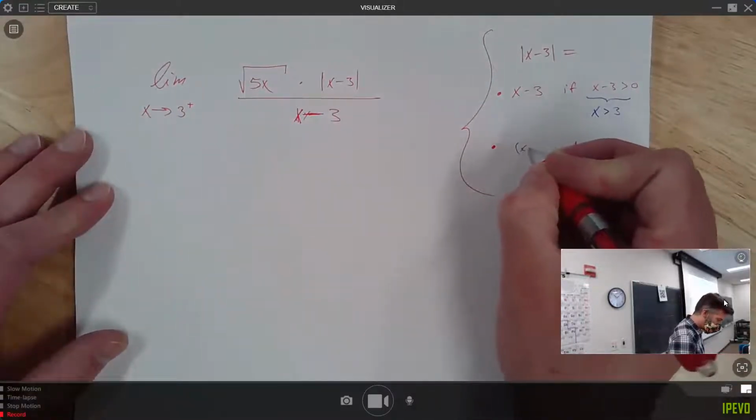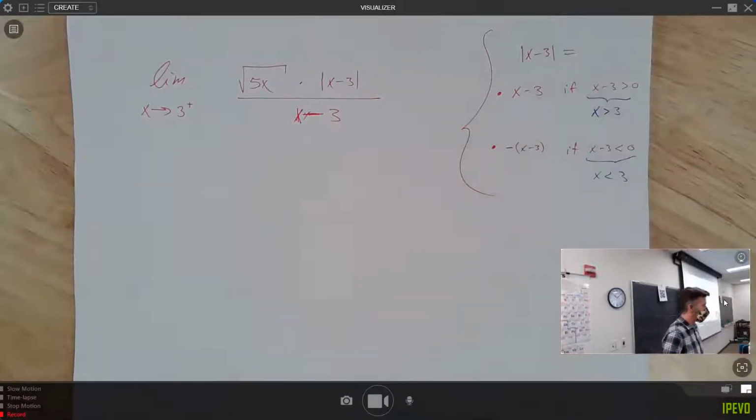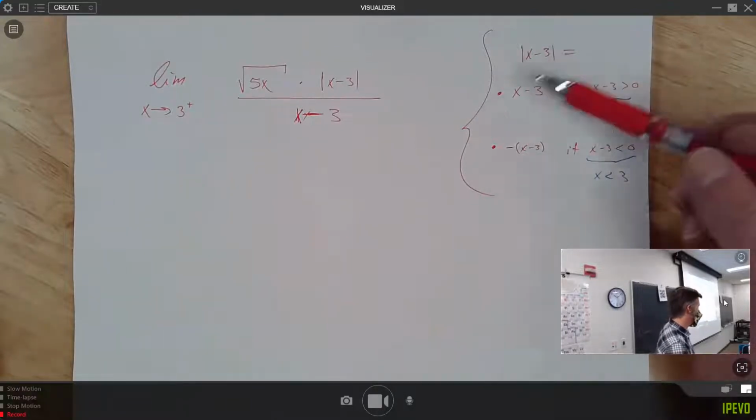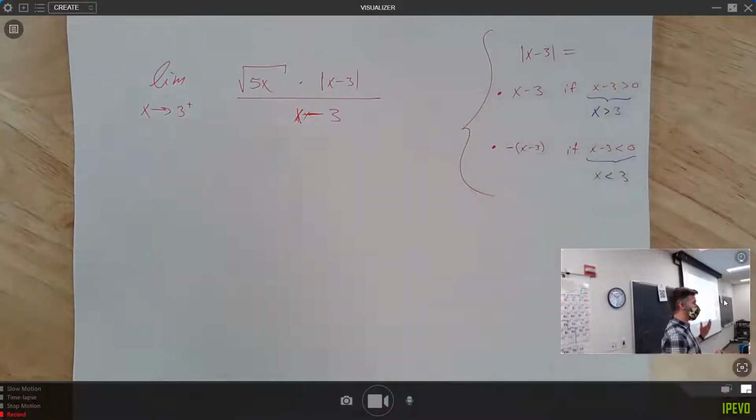We need negative x minus 3. Because now if x is 1, 1 minus 3 is negative 2, and negative 2 is positive 2. So this is always how an absolute value kind of works. It's whatever you've got inside if the insides are already positive, and it's the negative of what you have inside if the insides are already negative, to turn that negative into a positive.